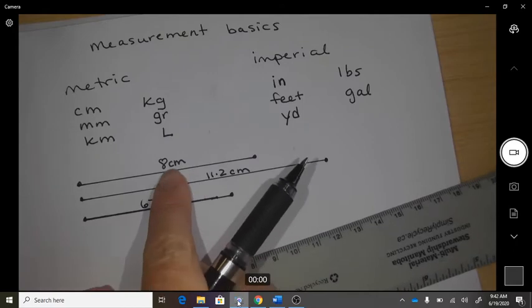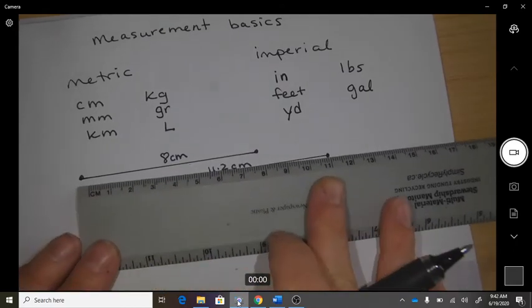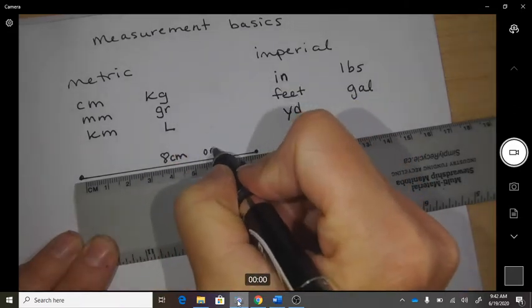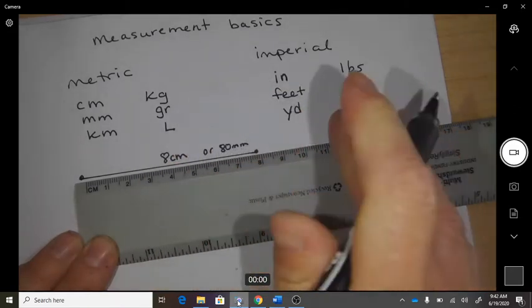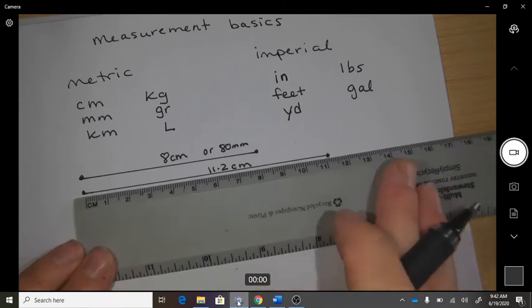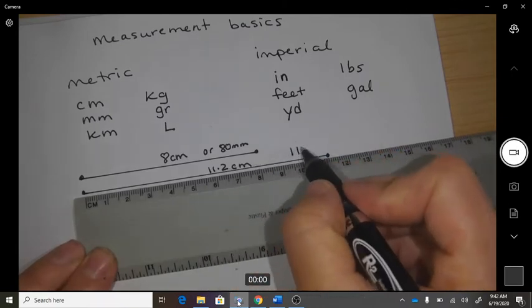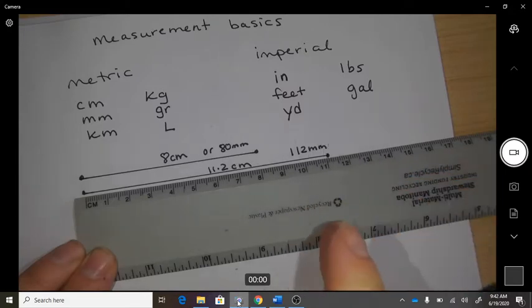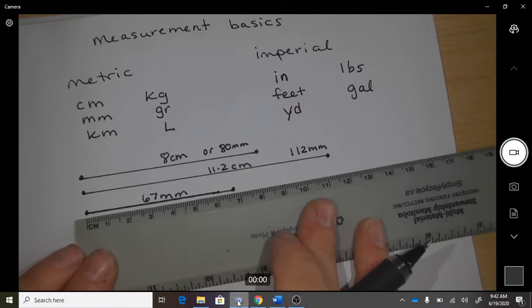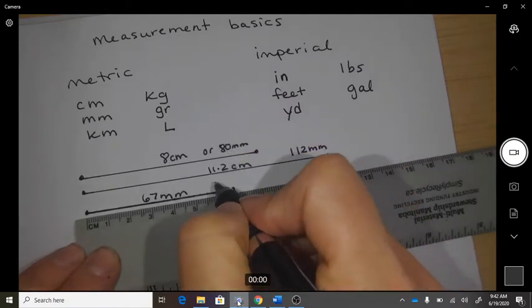Okay, so if I wanted to think about this in millimeters, 8 centimeters would be 80 millimeters. And if I wanted to think about that in millimeters, it's just timesing by 10. So 112 millimeters. And this, if I wanted to do this in centimeters, I would just divide by 10.